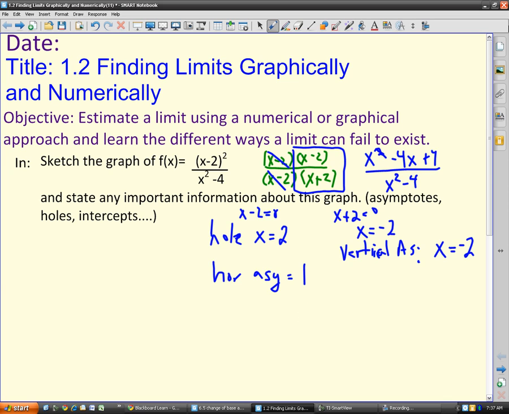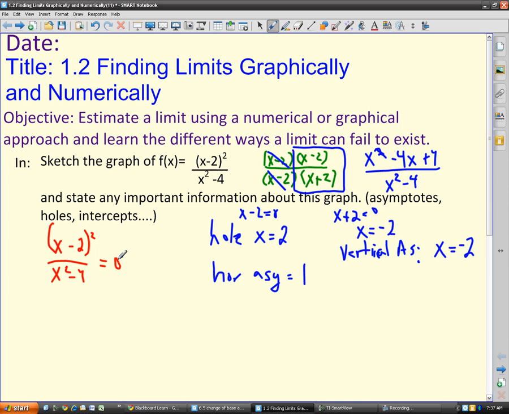So if I go ahead and sketch this graph, we should first set this thing equal to 0 to find my x-intercepts. If I set x minus 2, squared over x squared minus 4 equal to 0, the bottom part will multiply across and become 0 times it.